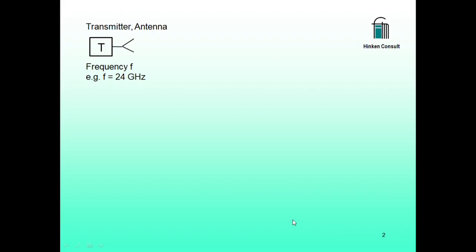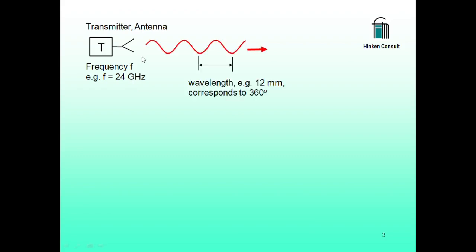Now we want to understand this spiral behavior. Well, we have a transmitter with an antenna, say in this case with a frequency of 24 gigahertz. This is irradiating an electromagnetic wave. A wave is characterized by its wavelength, that means the distance between two equal points, for example these minima.